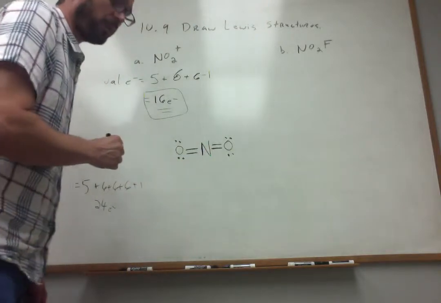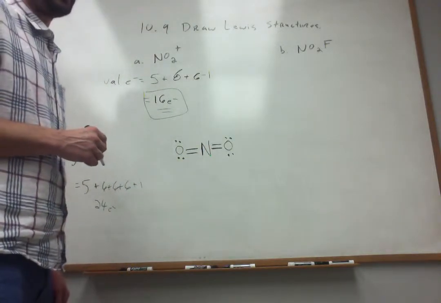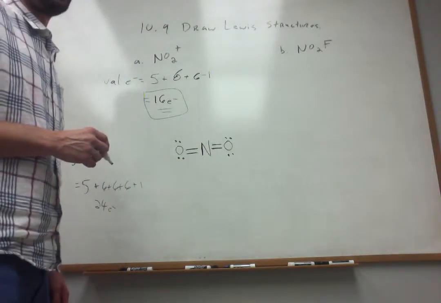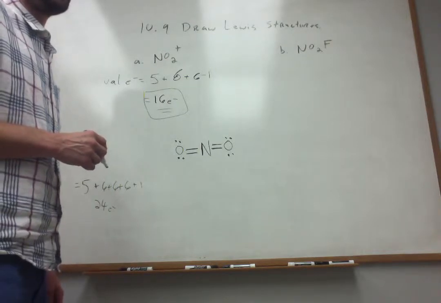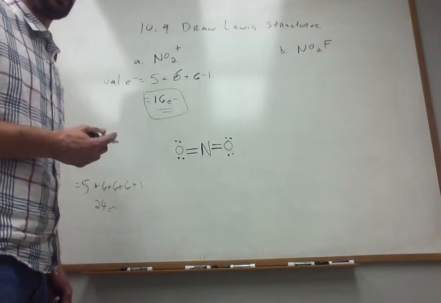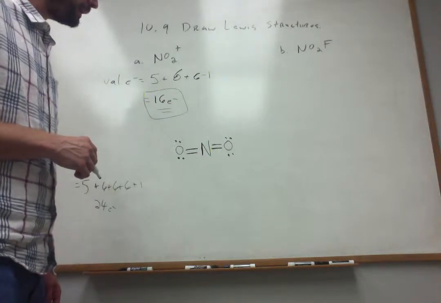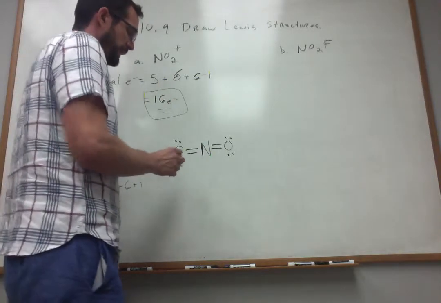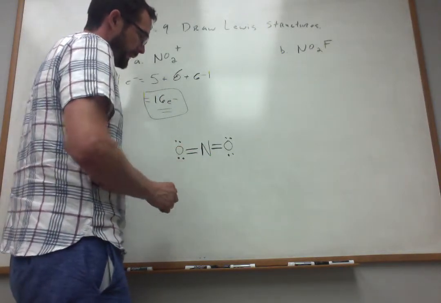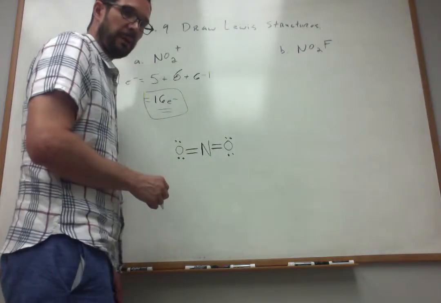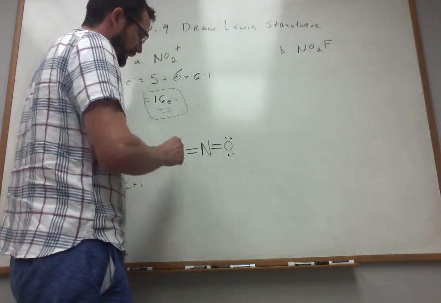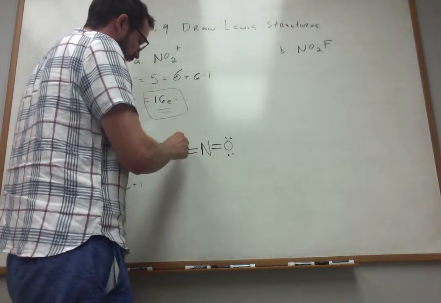Since I'm 4 deficient, that tells me that I need 2 more bonds. If you take the number you are deficient and divide it by 2, that tells you how many more bonds you need. So I knew that I needed 2 more bonds, so I added 1 bond here and 1 bond over there. You see that?